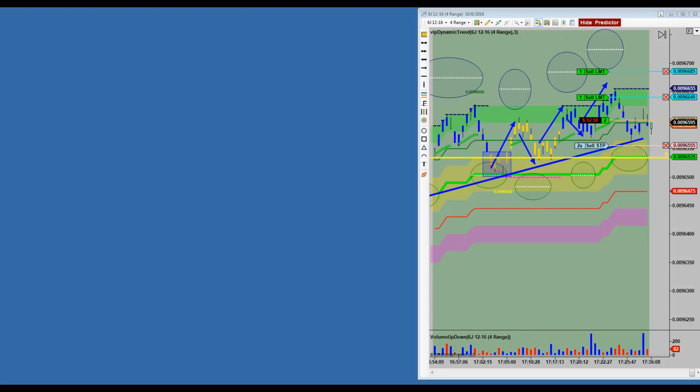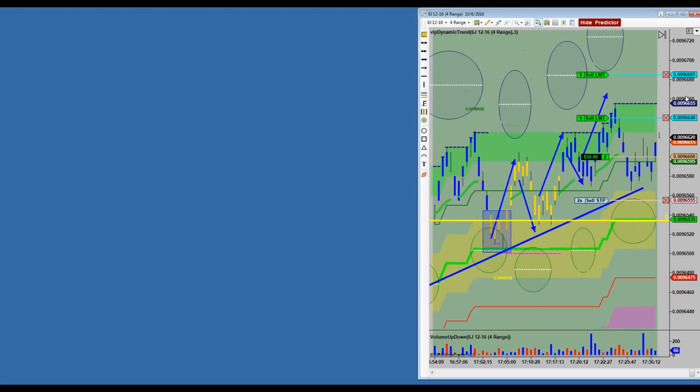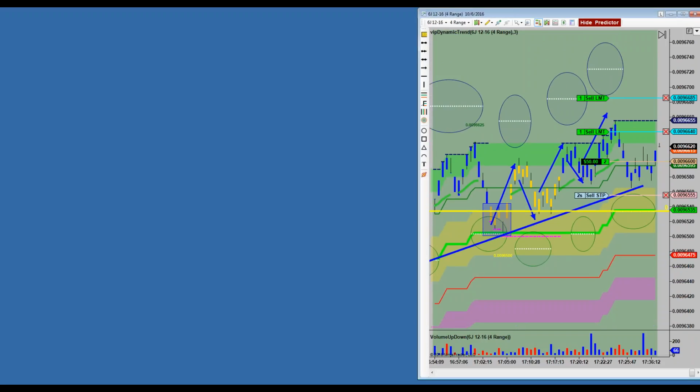By the way, everybody, it's starting to move up towards our target. Anybody want to move the target up or leave it where it is? M for move, L for leave. Anybody want to move the stops up? Leave?